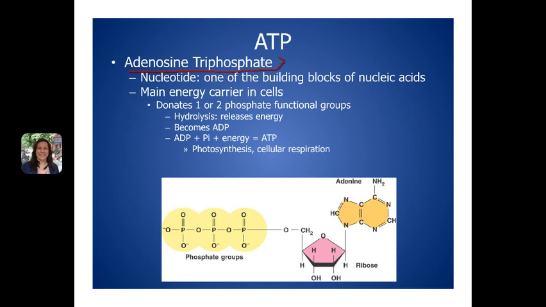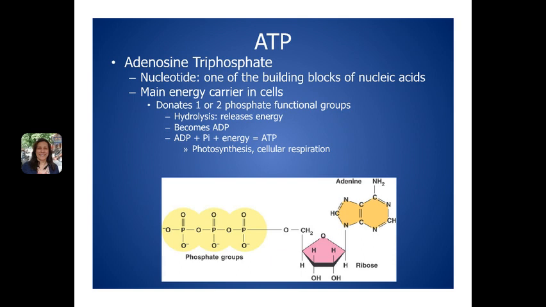Adenosine triphosphate does this by donating either one or two of its phosphate functional groups through the process of hydrolysis. We saw at the beginning of the chapter that hydrolysis means breaking with water. So water is going to be used to break the ATP molecule and separate a phosphate group from it, or two phosphate groups, and that releases energy.